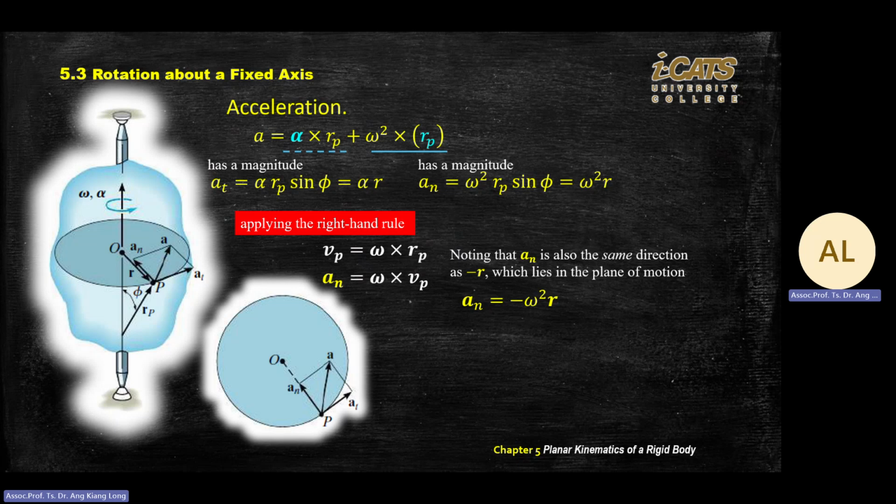So when we define our R as positive outside, our acceleration will be a negative component. When the question gives you R always pointing outside, then when you do calculation, remember a_n is always a negative value.